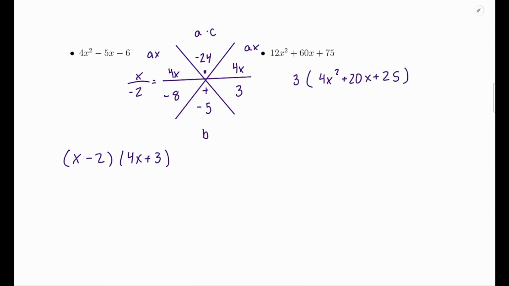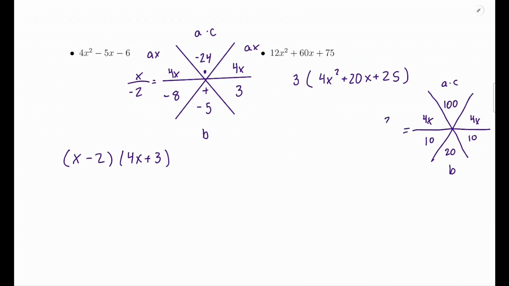So now I'm going to be factoring what's left in the parentheses using the asterisk method. So A times C, which is 100, B, which is 20, 4x, and 4x, and then what times what is 100 and adds up to 20? 10 and 10.